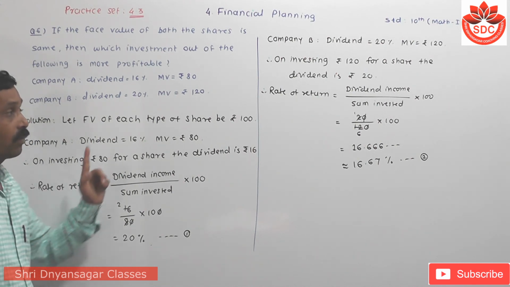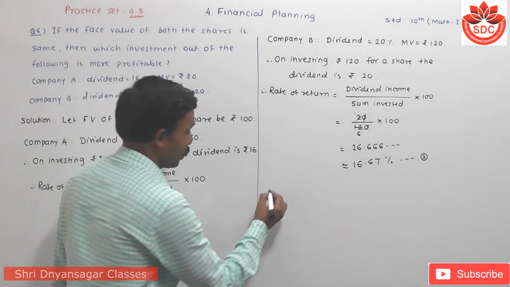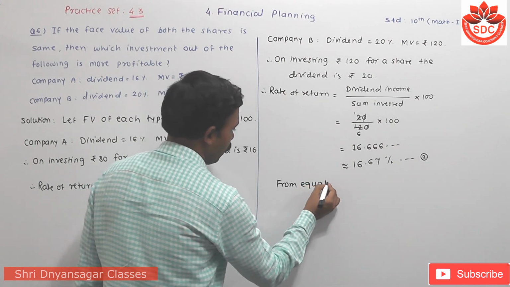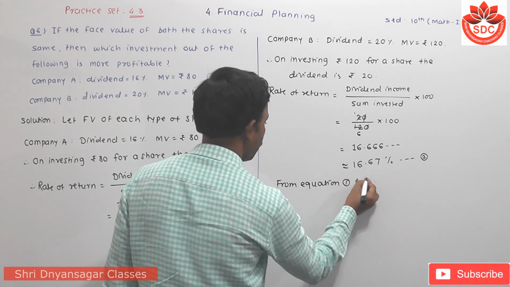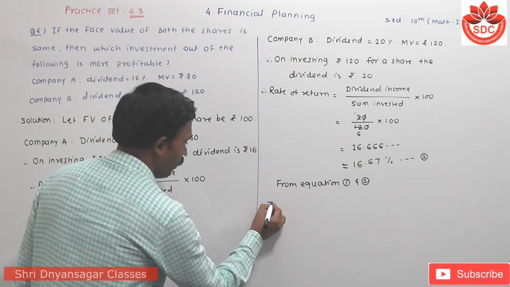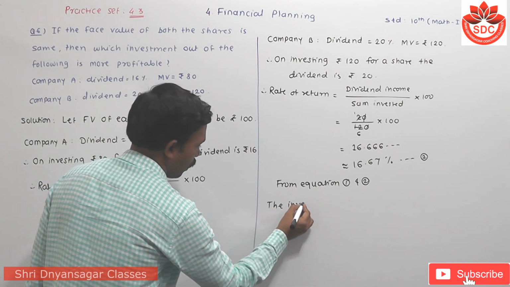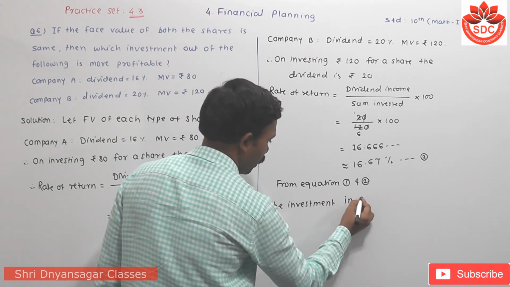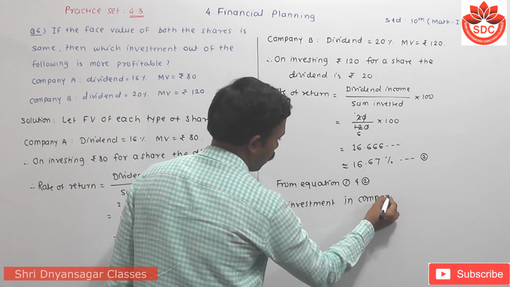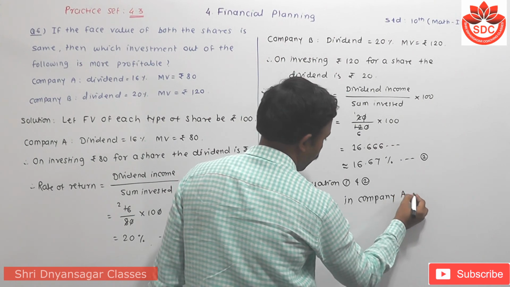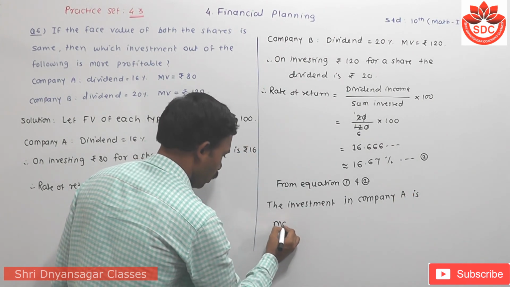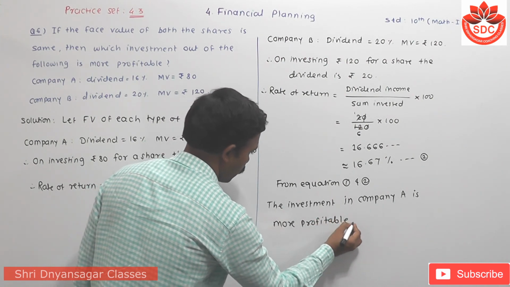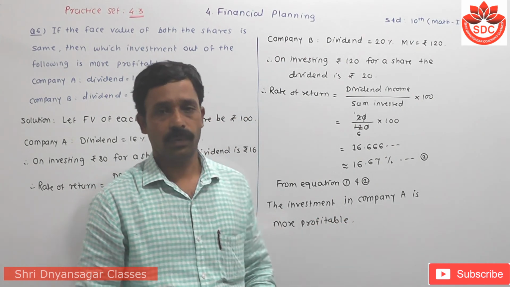Company A is more profitable than company B. So from equation first and second, we conclude that the investment in company A is more profitable. Can you understand this? Okay, thank you very much.